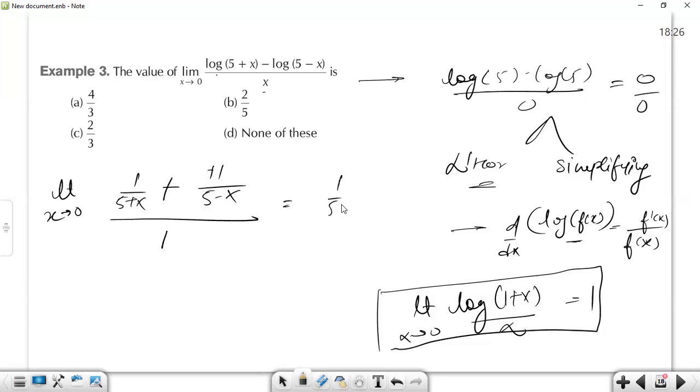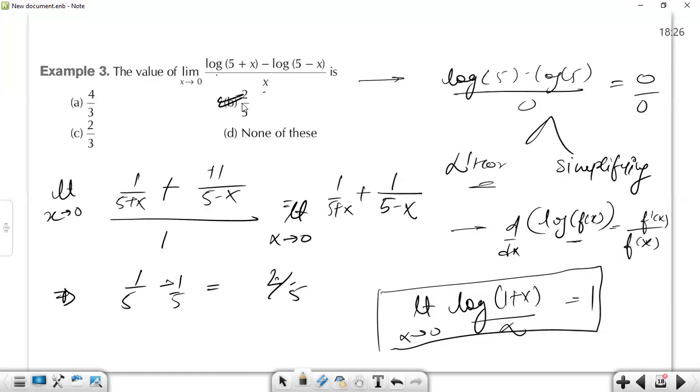So it becomes 1 by 5 plus x plus 1 by 5 minus x, limit x tending to 0. Now substituting x equals 0, 1 by 5 plus 1 by 5 will become 2 by 5. The answer is B. Is this question clear to everyone?